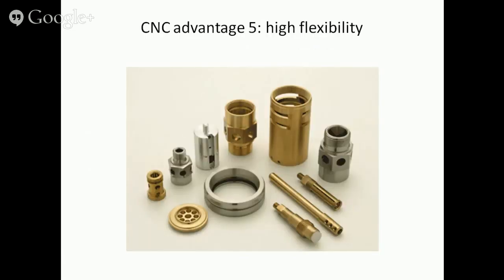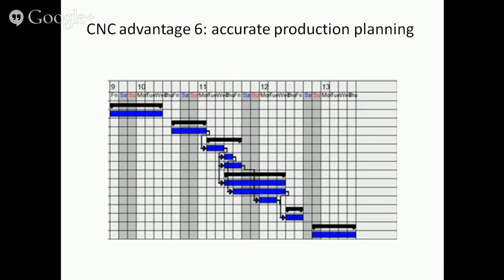High flexibility is another advantage. Once programmed, recurrent parts can be produced again and again. Production can proceed according to plan because setup and machining time for parts are well defined.